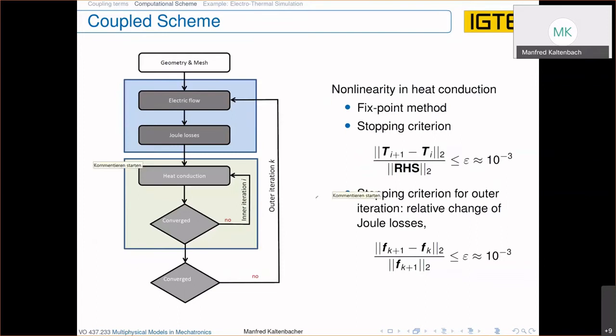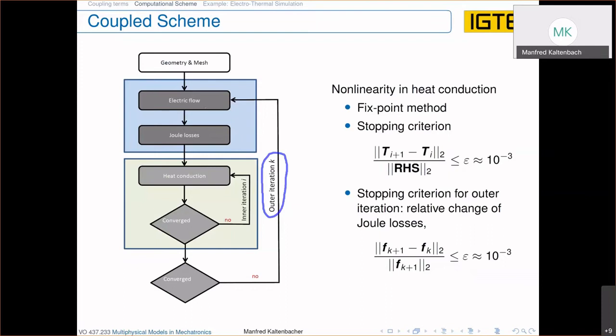You have an iterative coupling between these two partial differential equations, which means we have an outer iteration loop with iteration counter k. And as it is standard, we first need some Joule's losses in order to heat up our structure. We first solve within each time step for the electric flow.